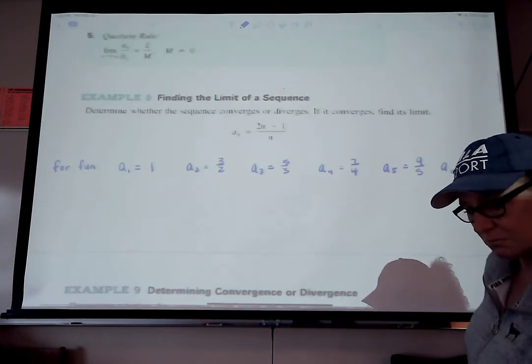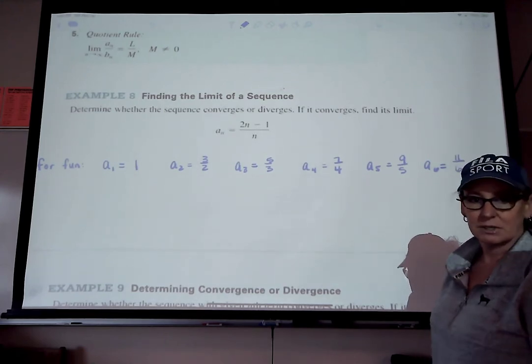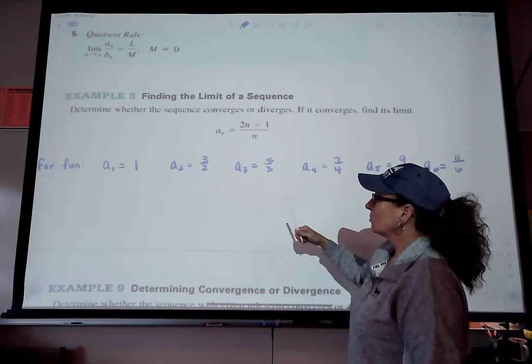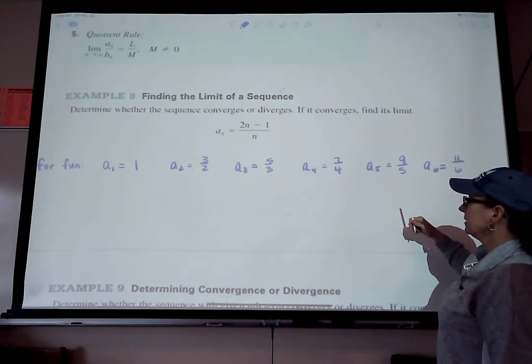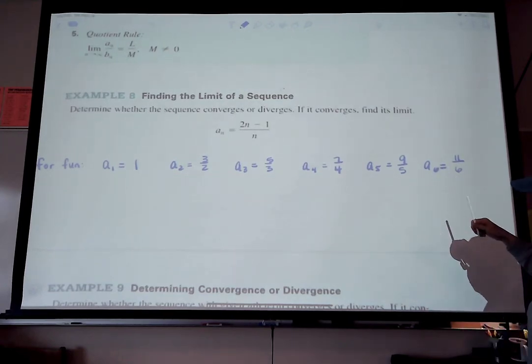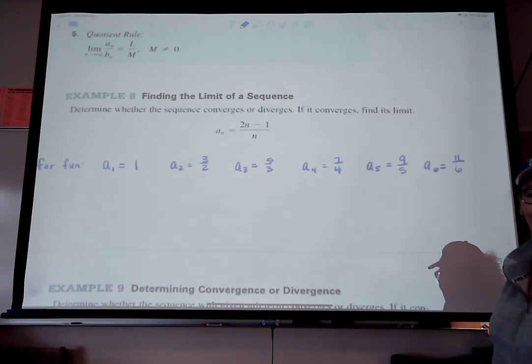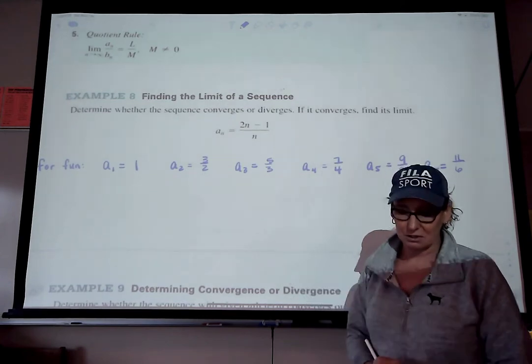I wrote out 6 of them: 1, 1 1/2, 1 2/3, 1 3/4, 1 4/5, 1 5/6. So yeah, the terms are getting bigger, but I don't think they're headed toward infinity.